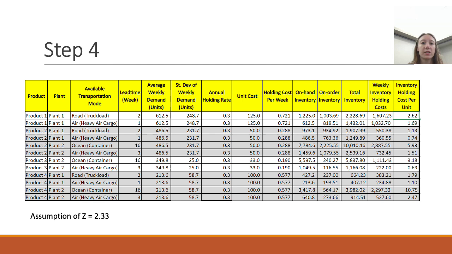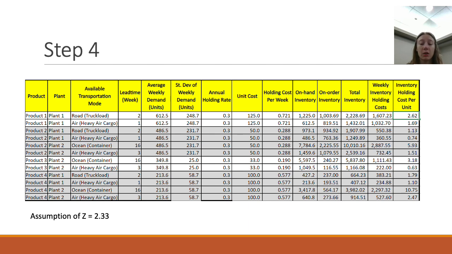The next cost that needed to be found was the inventory holding cost per unit. This was calculated by finding the holding cost per week, which was found by taking the annual holding rate, dividing it by 52 due to 52 weeks in a year, and then multiplying it by the unit cost. Next, we found on-hand inventory using the formula of mean of the demand times lead time.